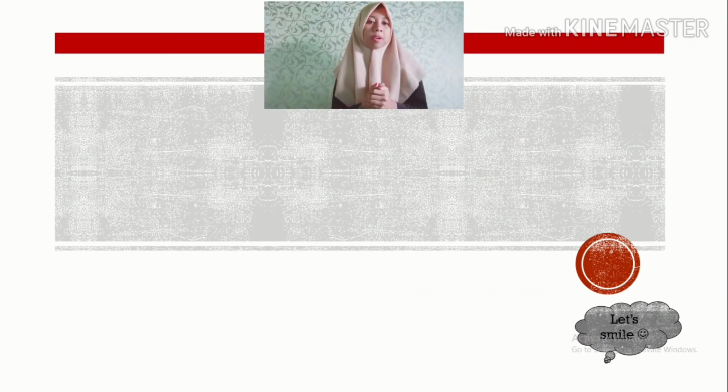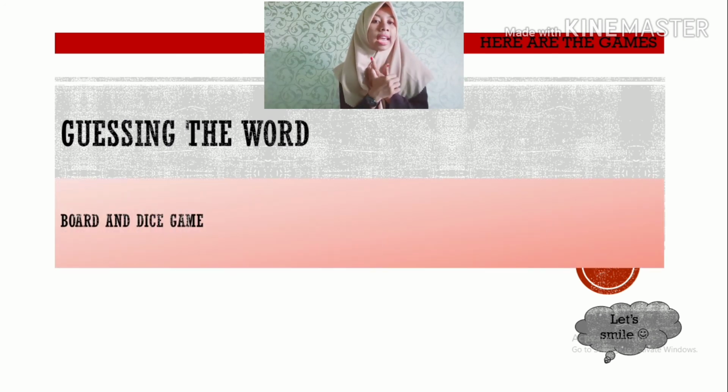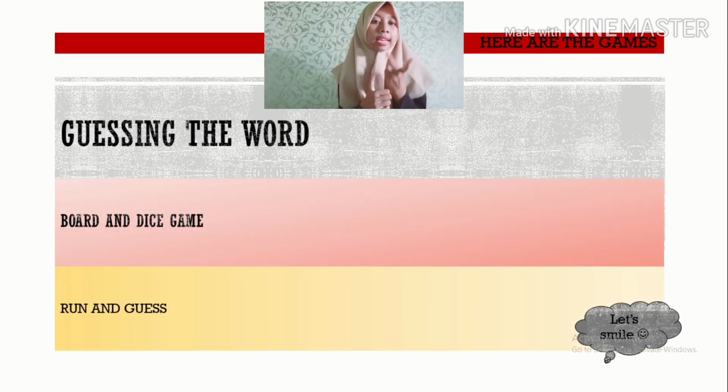So here is the practice of game-based grammar learning. The researchers developed 3 types of game-based grammar activities and used them in this study, namely, guessing the word, board and dice game, and run and guess. So there are 3. The first 2 activities were always done inside the classroom, while the last one outside the classroom, because it needs a big space for students to run around.